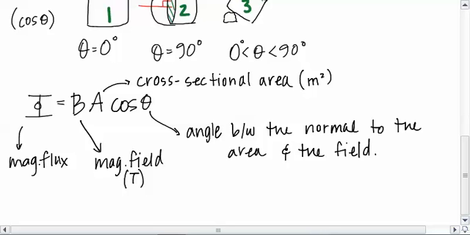If you've got magnetic field times area times a ratio which has no unit, Tesla meter squared, which is the same thing as a Weber. Weber.